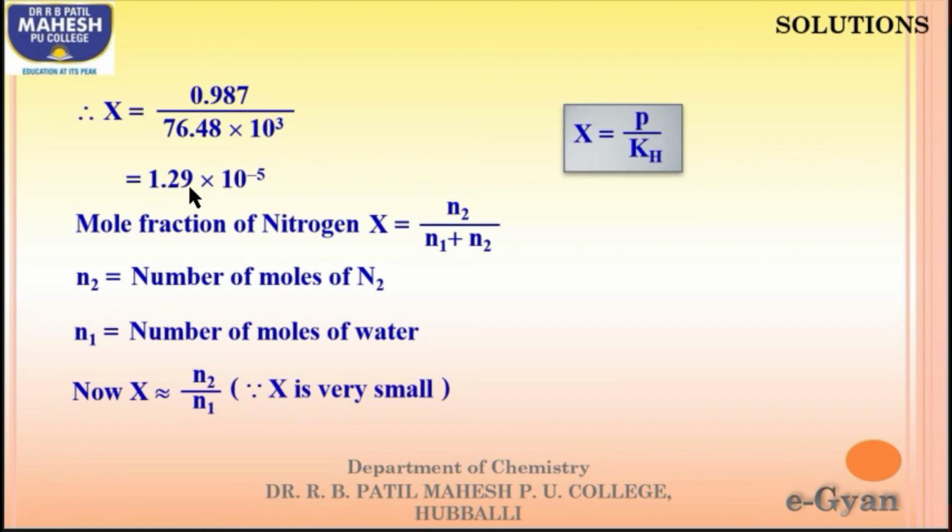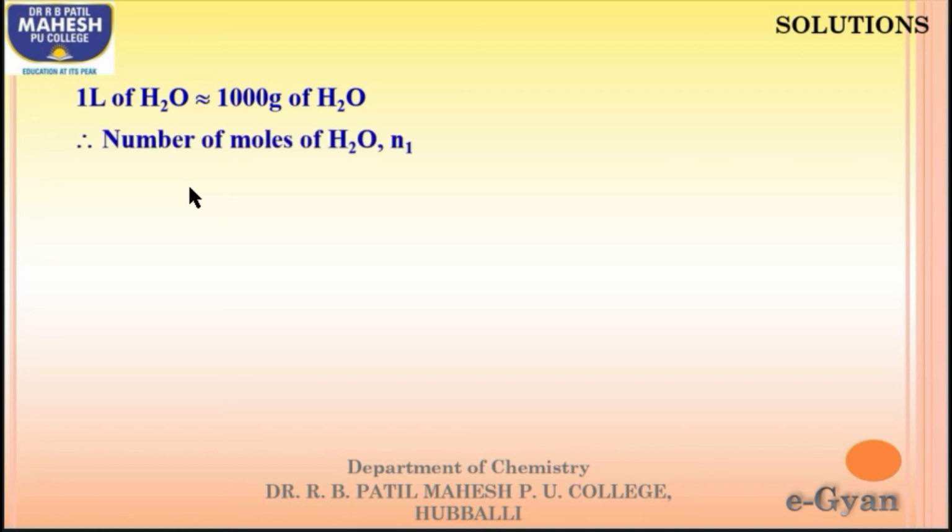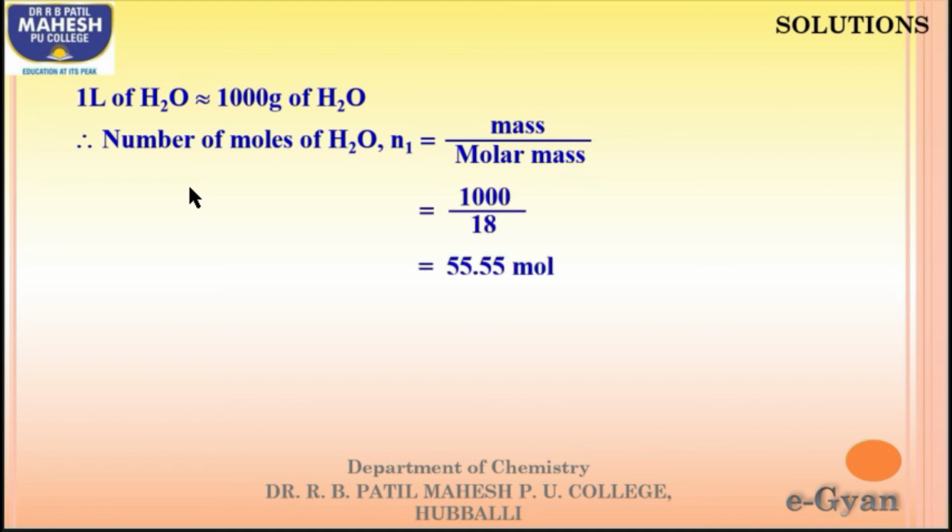So 1.29 into 10 to the power of minus 5 is equal to n2 divided by n1. For 1 liter of water, 1000 grams of H2O, the number of moles is equal to 1000 divided by 18, which is 55.55. We studied this last year also.